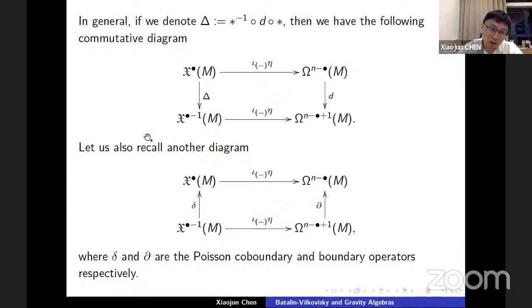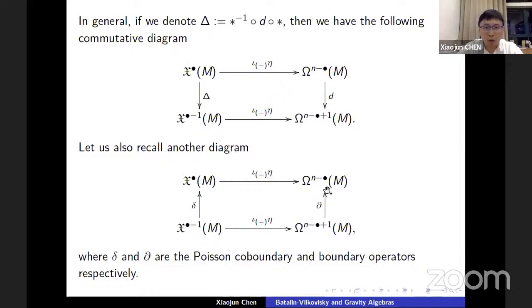Now let's look at another diagram. Here the horizontal maps are the same as above, but the vertical arrows are different. The left vertical arrow delta is the Poisson coboundary, which is also the Lie derivative of the Poisson bivector, and this one is the Poisson boundary operator.